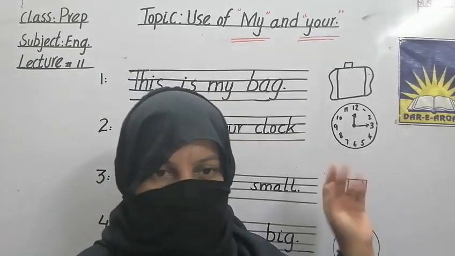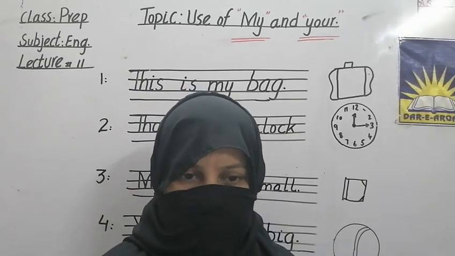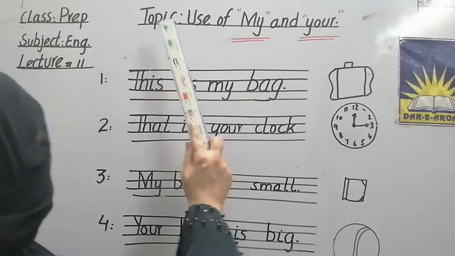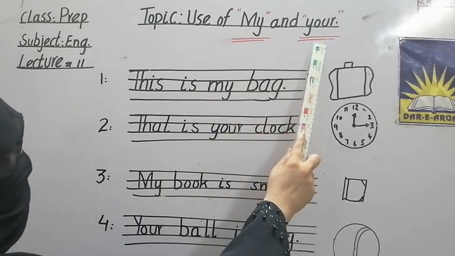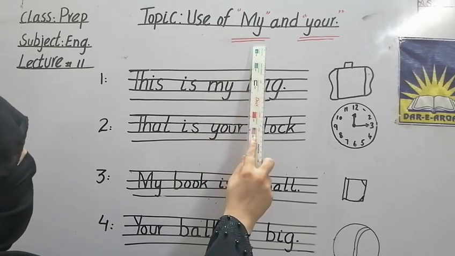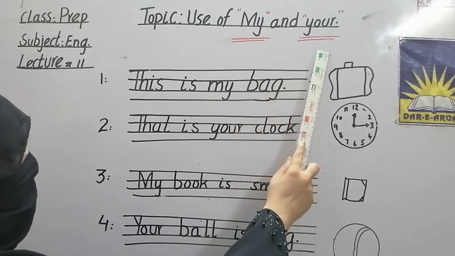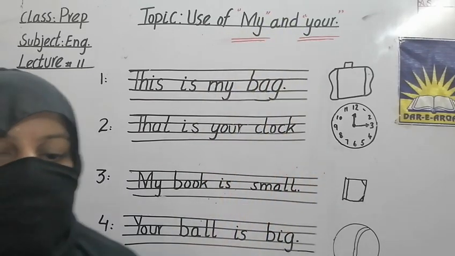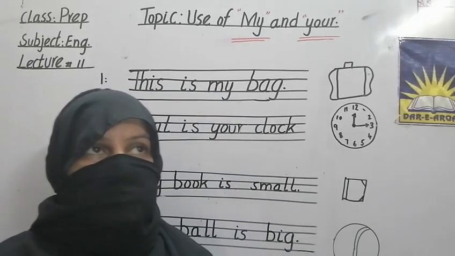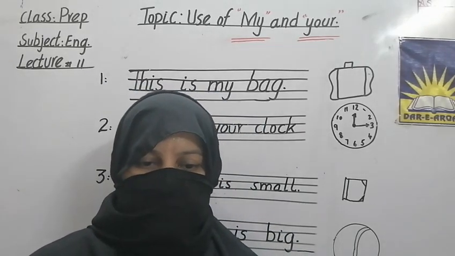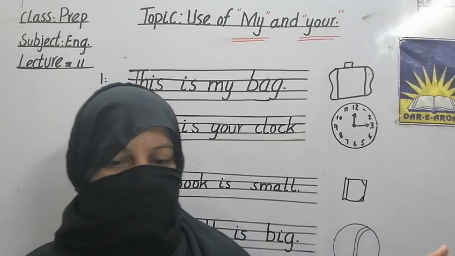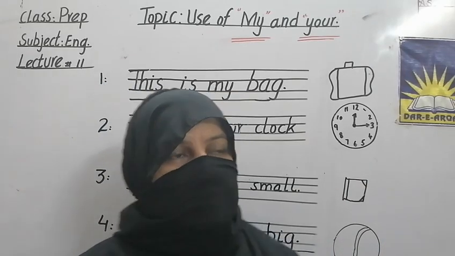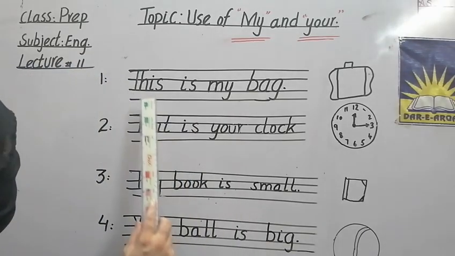Now repeat the page number 17. Topic: use of my and your. My is used when we talk about myself. Your is used when we talk to another person. Clear, students? Let's start reading once again.